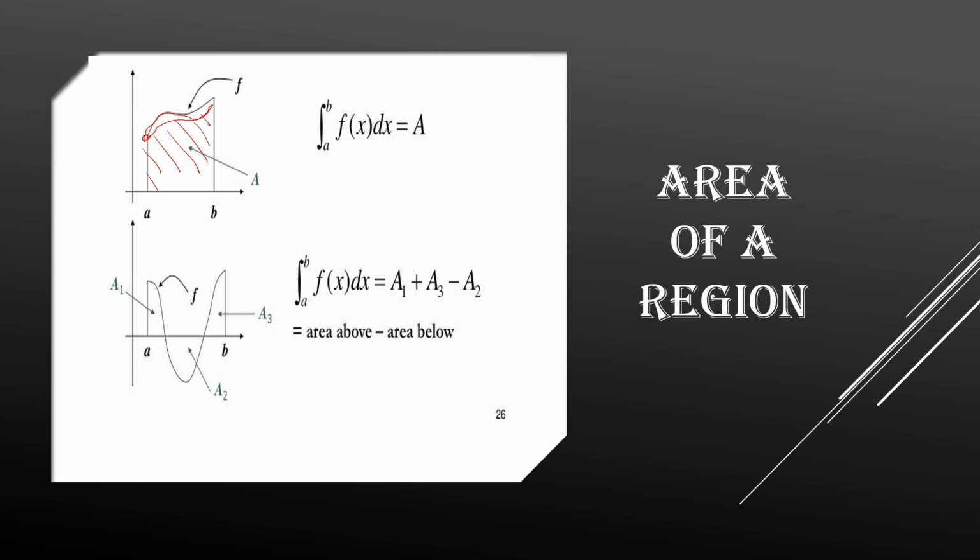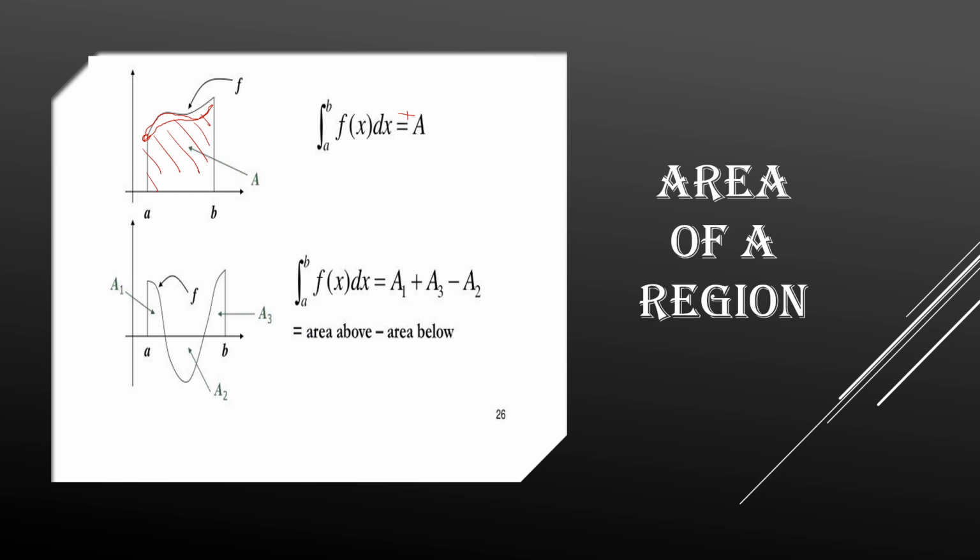So if the graph is above the x-axis, always take the area as positive. You already know that the length, the width or the height, the dimensions, cannot be negative. So the plus or minus before the area shows the position of the curve.